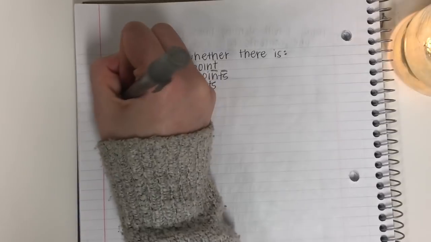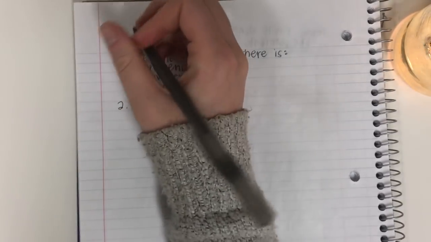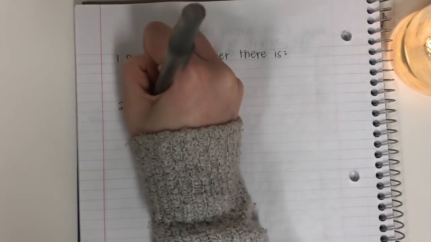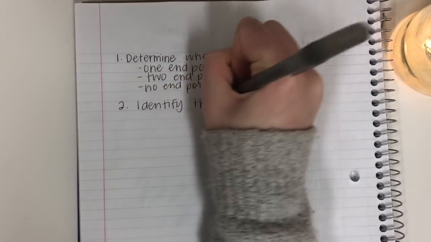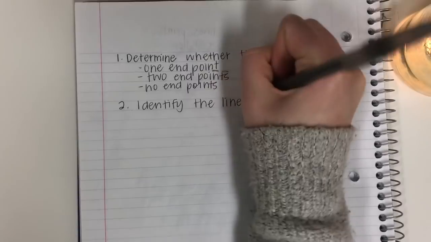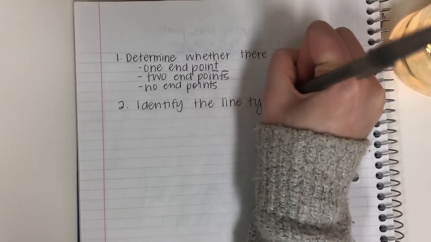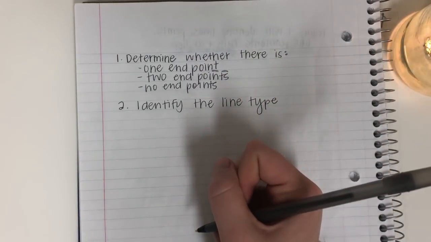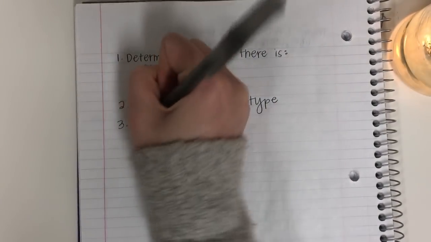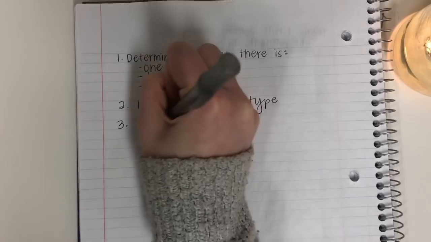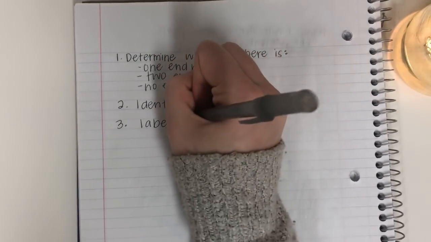Step 2 is to identify the line type. Step 3 is to label the line.